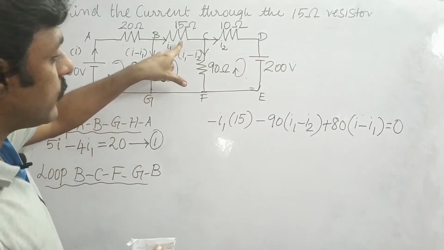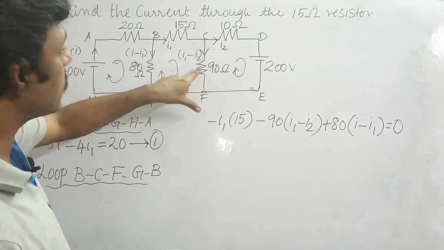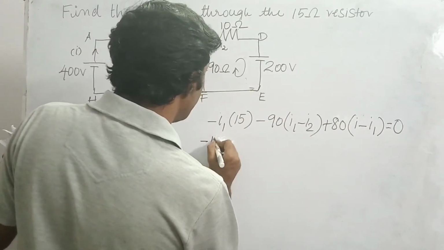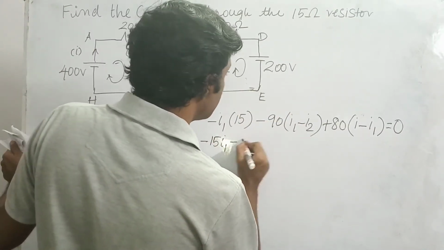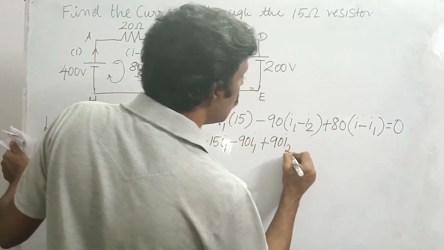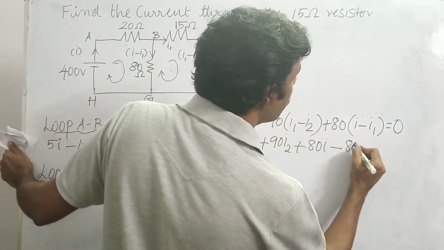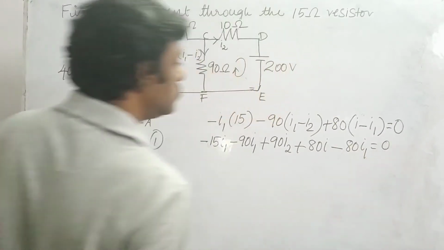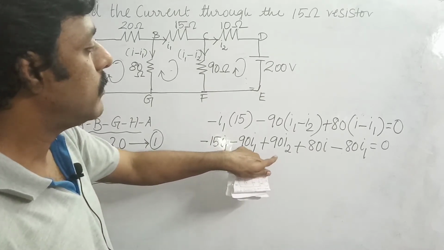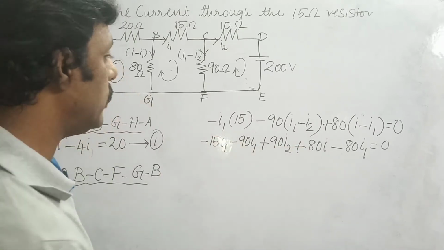So it will be minus 15I1 minus 90I1 plus 90I2 plus 80I minus 80I1 equal to 0.